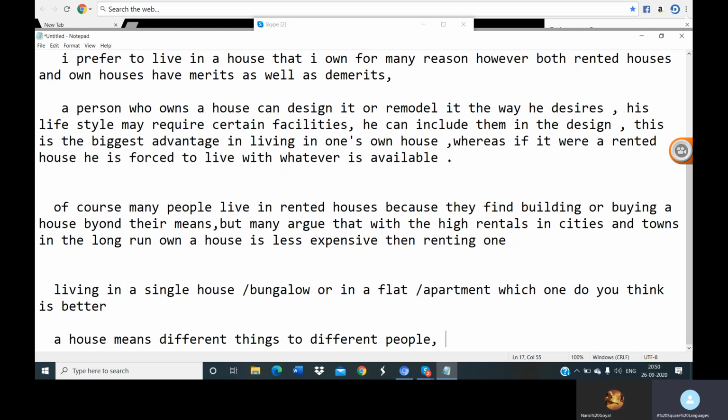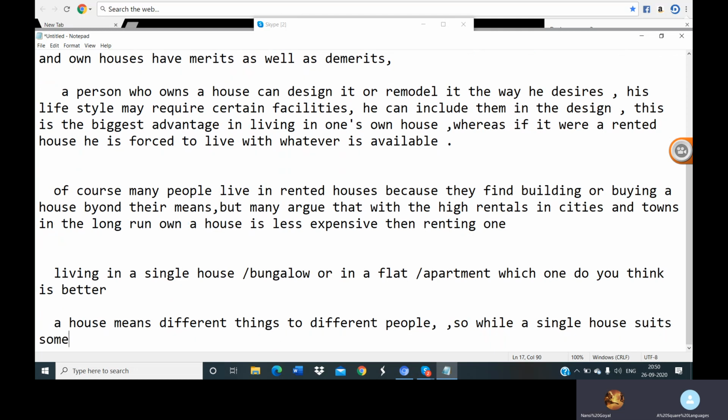So while a single house suits some people, some people find flats... The statement has to be contradictory, and you have to contradict your statement.